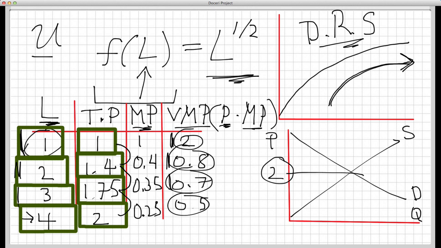Well, no. The wage is how much it costs to hire each person, right? So the wage is how much it costs to get the unit of input, and the value marginal product is how much product that worker provides. So that will tell exactly how much the firm will want to hire.